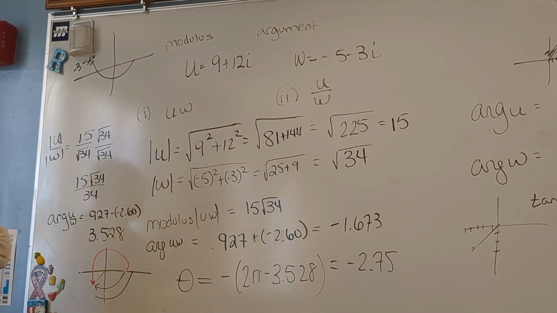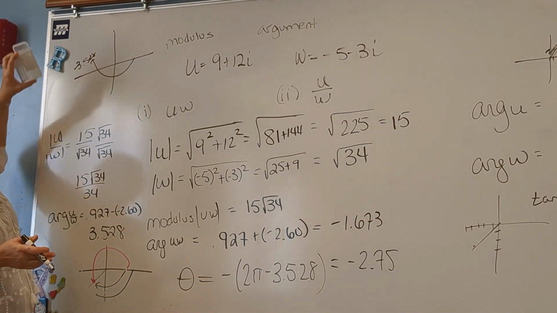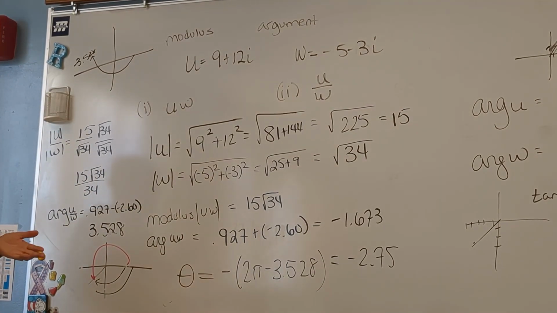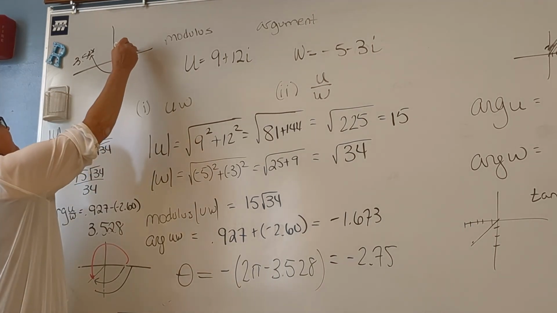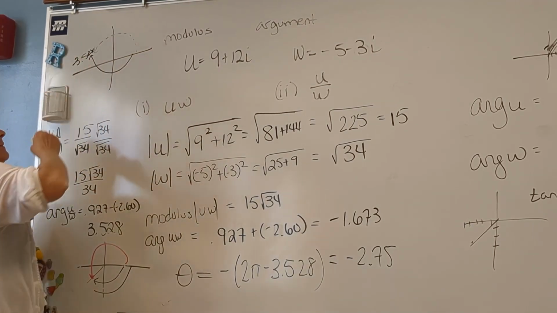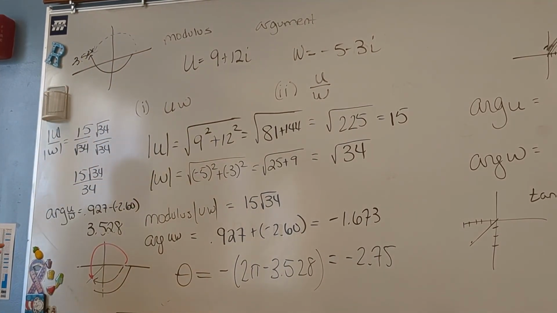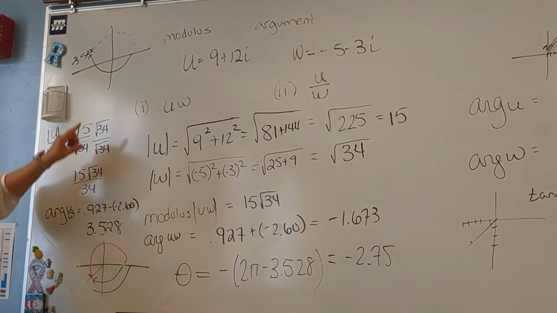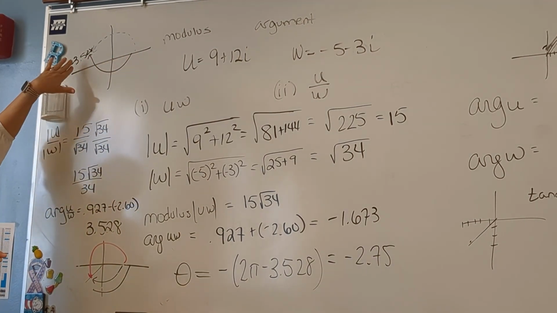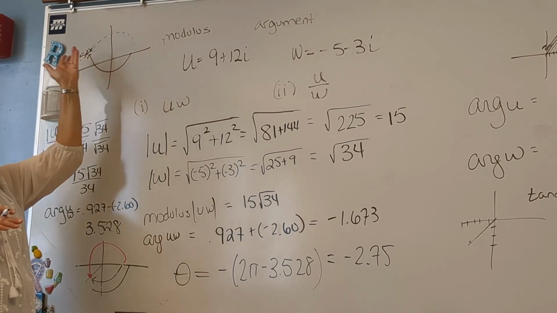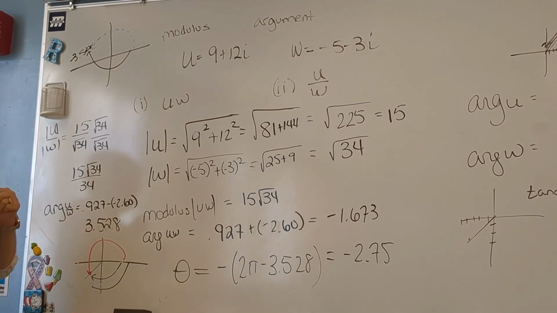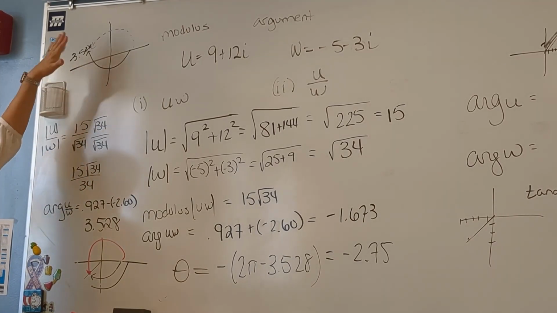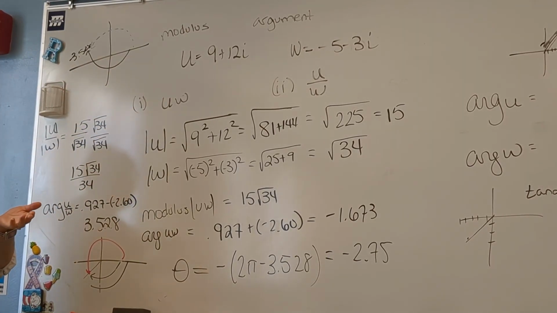What am I looking for to get the actual answer that would be smaller than pi? I'm looking for us to go this way to meet it. Does that make sense? So how would I get that answer? If this guy went from here to here in the negative direction, I'm looking for the positive aspect of it. So what am I going to do to find that answer? The whole round would be 2 pi, and what would I be getting rid of out of that?